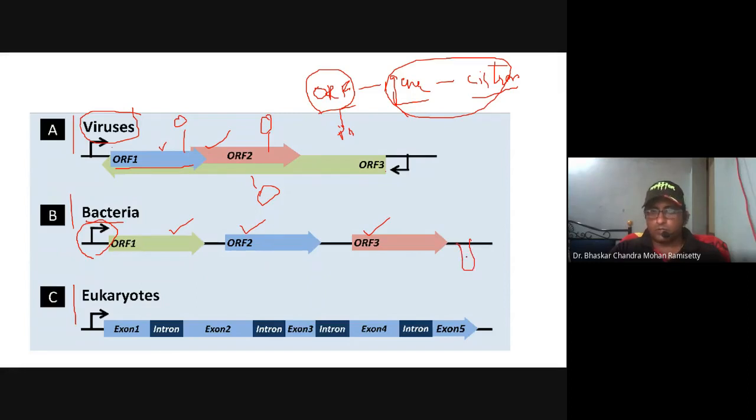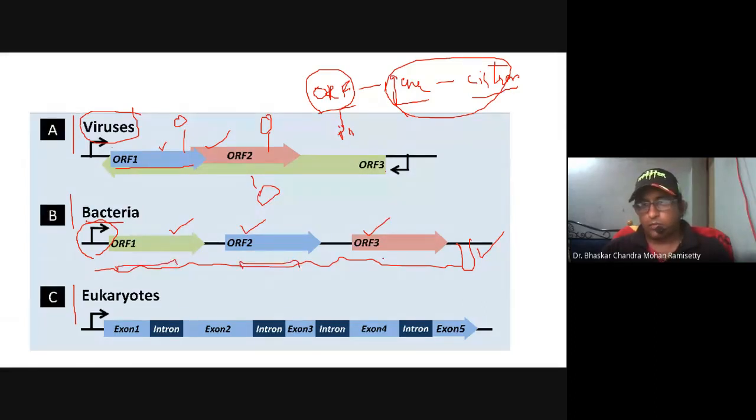If this promoter allows transcription to happen, you will produce an mRNA having ORF1, ORF2, and ORF3. Upon translation, this will produce a protein, this the second protein, and from ORF3 the third protein. So from one mRNA, you have 3 different proteins produced.